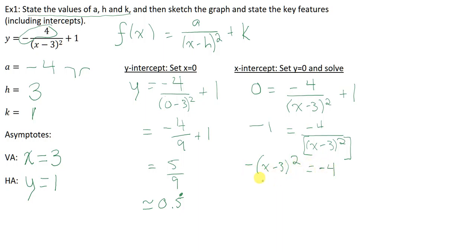Divide both sides by negative 1 to get that x minus 3 squared is positive 4. Now I can take the square root, but we always remember when I take a square root, I get both the plus and the minus. Square root of 4 is 2.